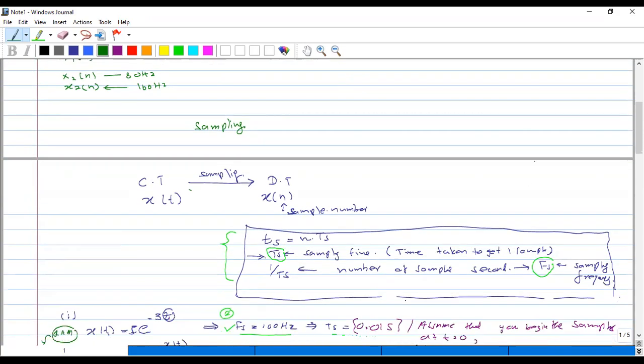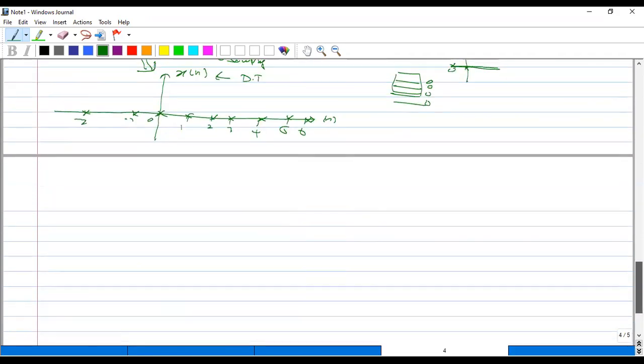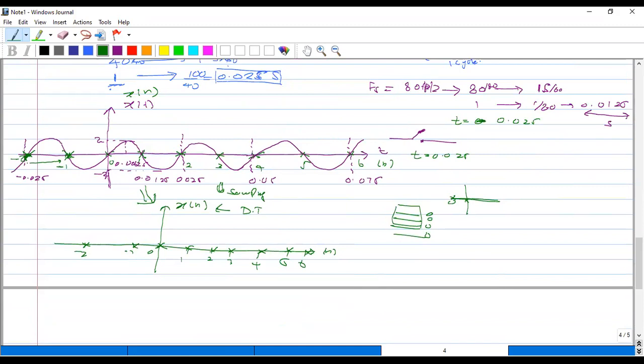And another thing: in this case you started the sampling from here. If you start the sampling here, the next sample will be here, the next sample will be here, after this the sample will be here, and the next sample will be again here.